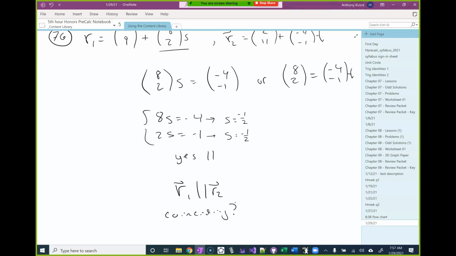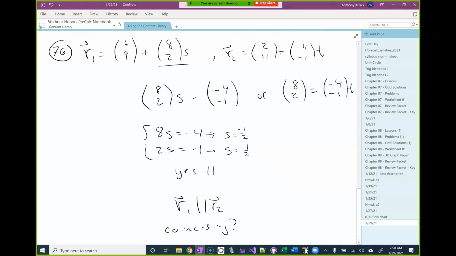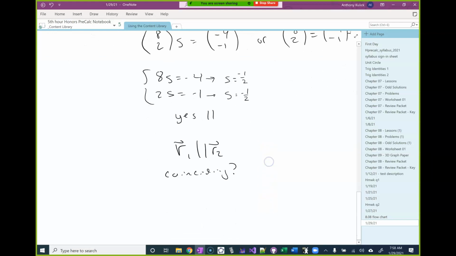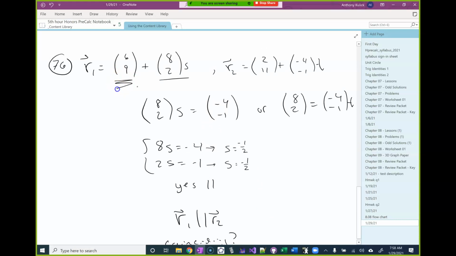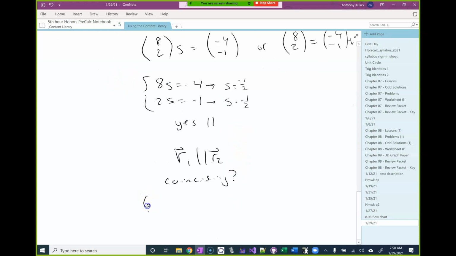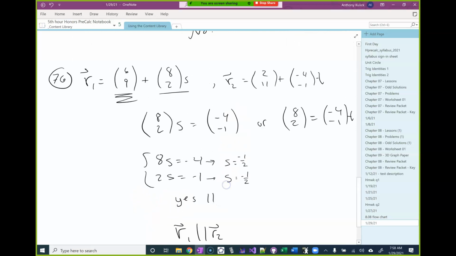If they're parallel and they share one point, they're going to share all the points. So I'm just going to take a point from R1 and see if it's on R2. So the point from R1 I'm going to use is 6, 9, because I know that's on R1. And I'm going to see if that is also on R2.